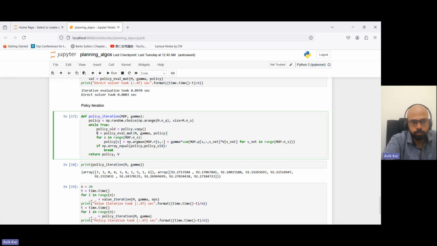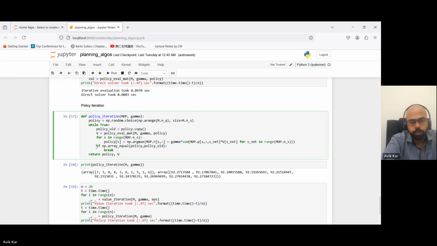So in V, we have the value function of the particular policy. And for every state, we have to generate now a new policy, right? So in policy, now we are saving the newly generated policy. So that is this particular step. And after this for loop, we have the new policy generated.